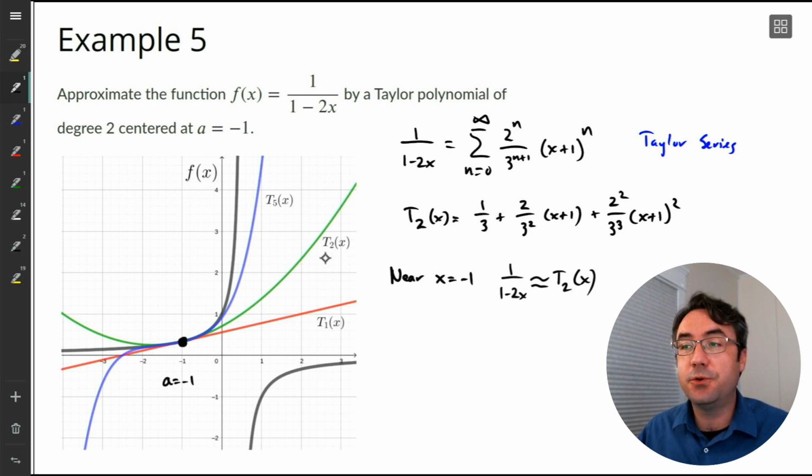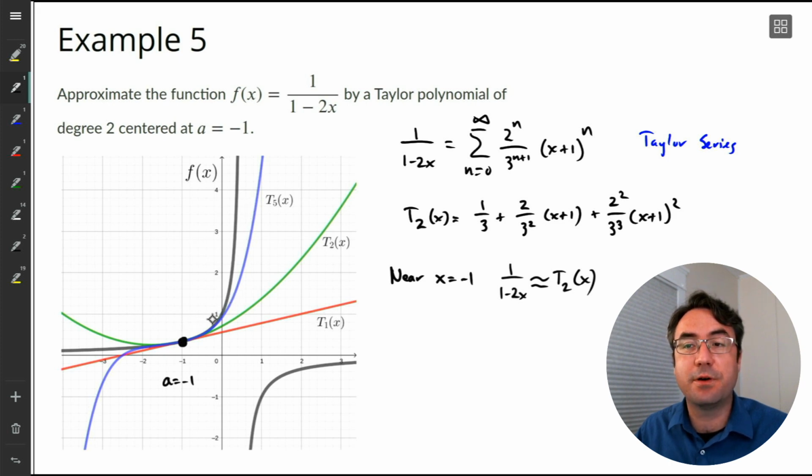Well, T2, what we just calculated here, gives us a parabola that approximates our function at that point, and you can see that gives a nice approximation. If you zoom in, you can't really tell the difference between the parabola and the actual curve. And if you keep going, here's T5, the Taylor polynomial of degree 5. This is an even better approximation.